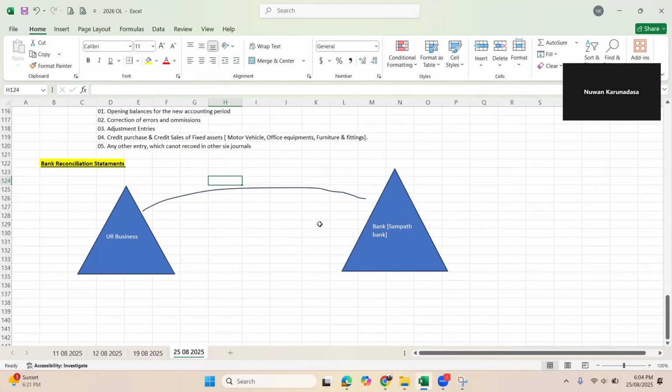Just think that you have deposited 50,000 cash to open a current account. Once you open a current account, so what are the things you will get? You will be receiving a checkbook, right? Instead of making a cash payment to any other party or a third party, now you can issue check payments, right?